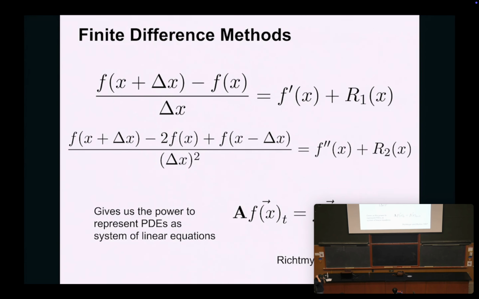I think the most crucial idea here is that we've gotten rid of the differentials. On the left-hand side of both of these, there are no more derivatives we have to calculate. Everything's written in f, not the f derivative or the second derivative. And so we can write our partial differential equations in just f.